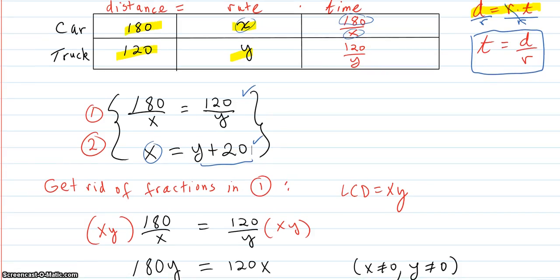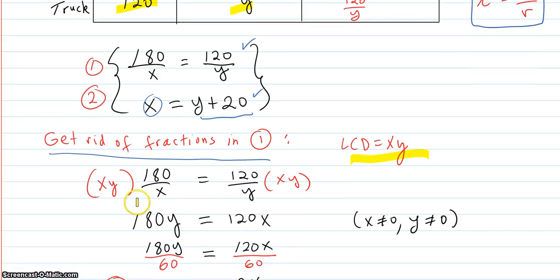Now there's a couple ways you could do it. You could sub in x right away into number 1, or you can get rid of the fractions in number 1. To do that, you need the LCD of the two fractions, which is xy. So we're going to multiply both sides by xy. The x cancels off and you get 180y.